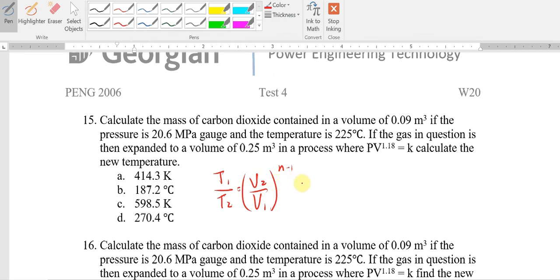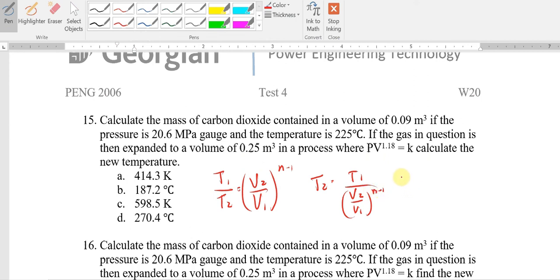T1 over T2 equals V2 over V1 to the n minus 1, and we are looking for T2, which if we do the algebra is T1 over V2 over V1 to the n minus 1.